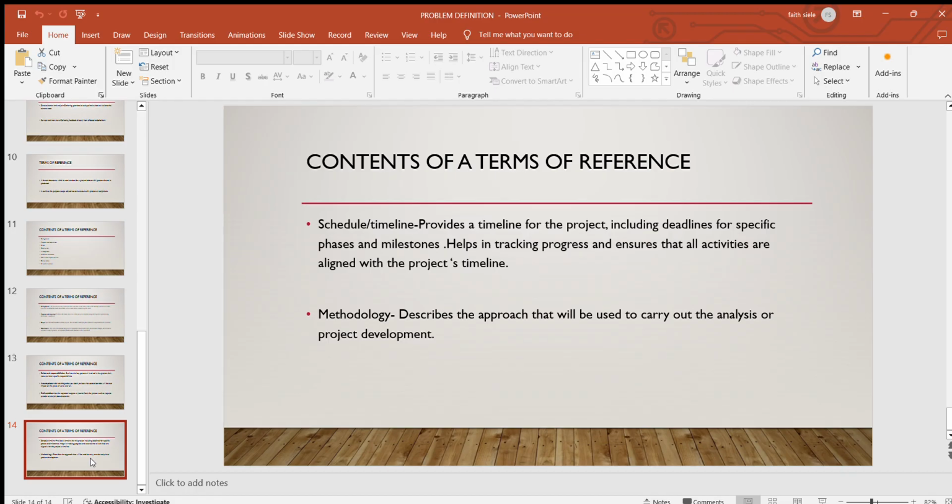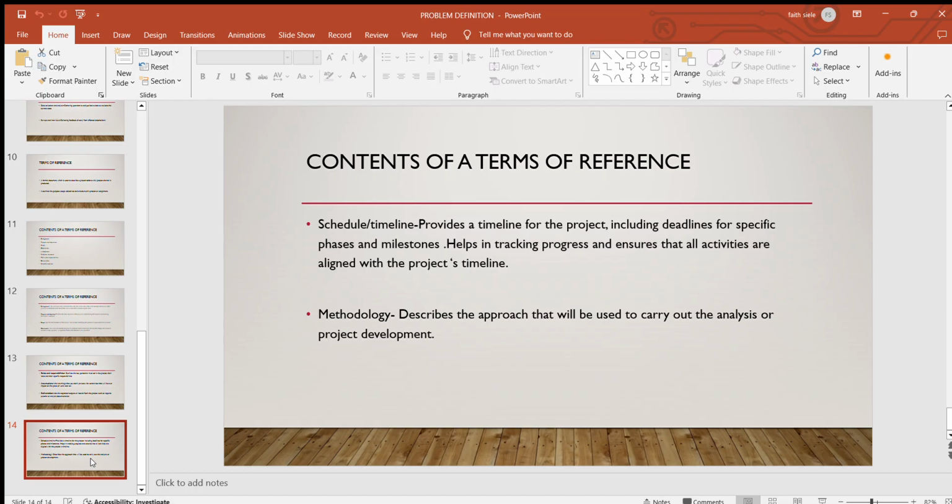And lastly, we talked about methods of identifying the problems, and we listed some of the methods such as root cause analysis, SWOT analysis, fishbone diagram, brainstorming, data collection and analysis, surveys, and even interviews. So that was all about topic 4.